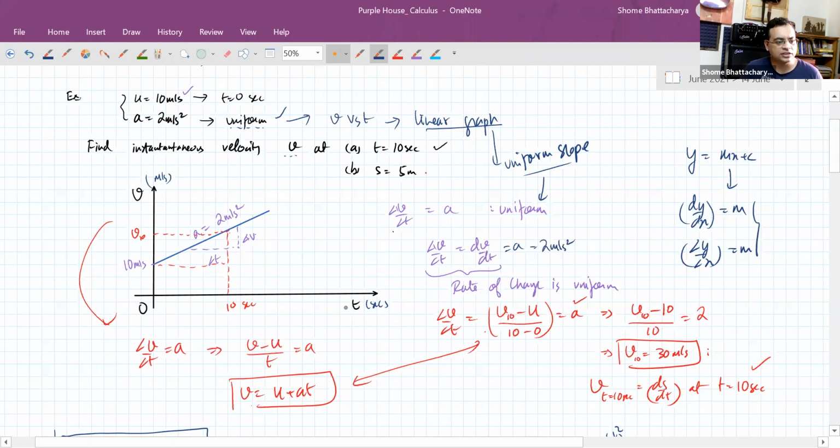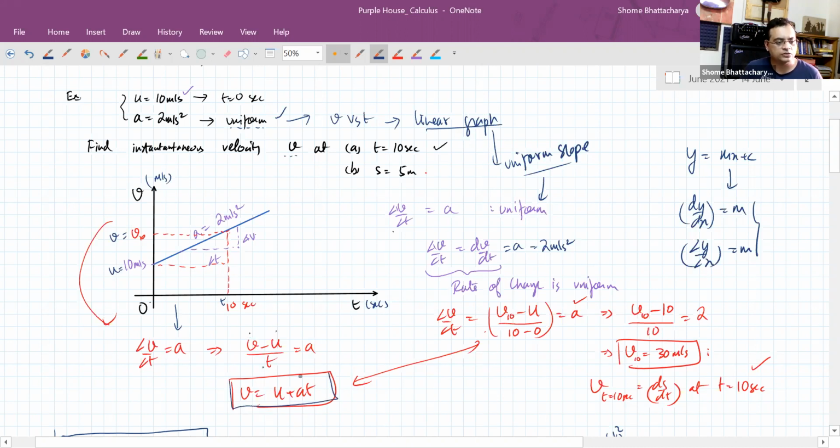So my velocity time graph should be a straight line whose slope is equal to 2 meters per second square. Using the formula delta v by delta t equal to a, we can see that if I go from time 0 to some time t, my velocity is changing from u to some general value v. So the change in velocity, v minus u, divided by the change in time, is equal to a.